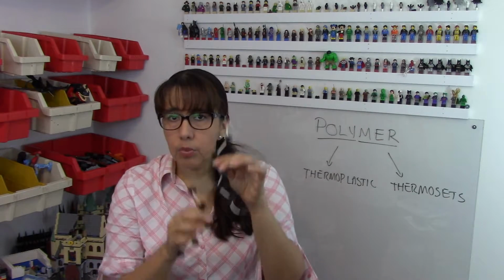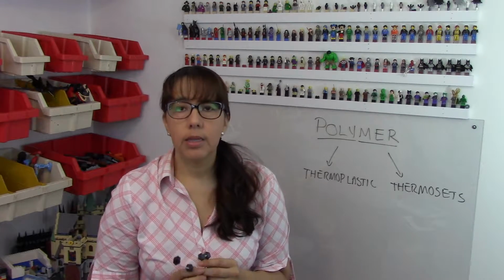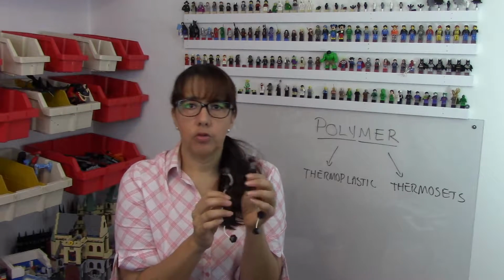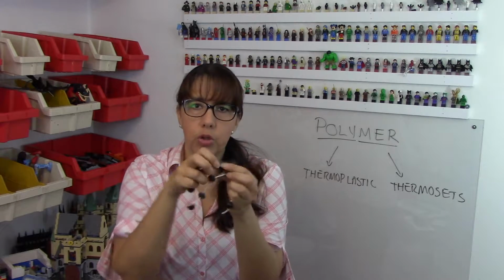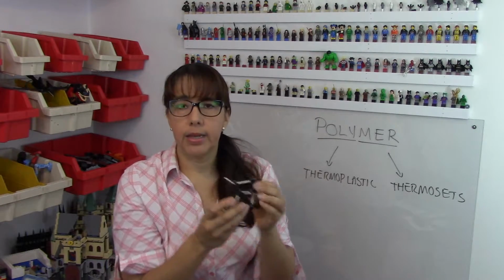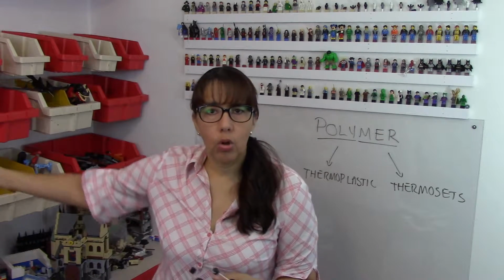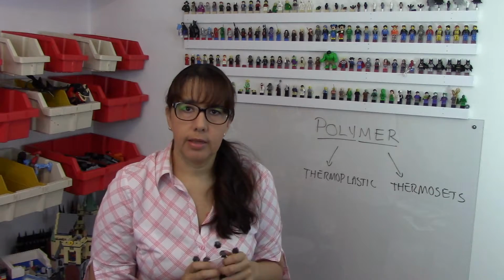The molecules can move past each other when the polymer is being heated, but once you cool it down, the molecules stop moving. So you can make hats and faces and legs and bodies, or other parts of Lego, and you cool it down and they stay like that.